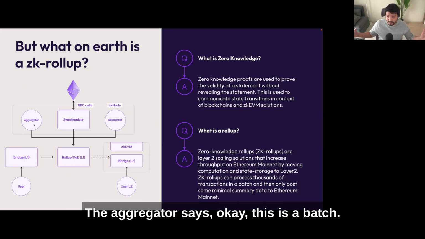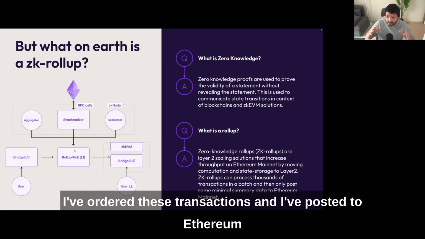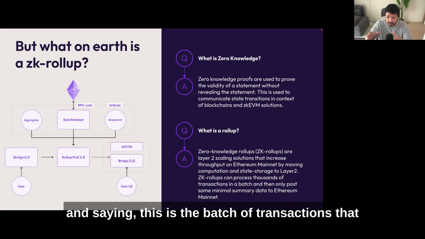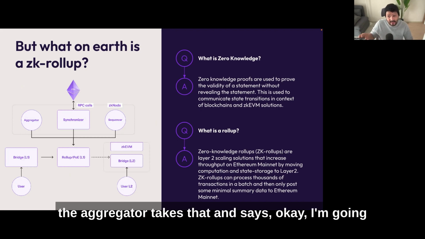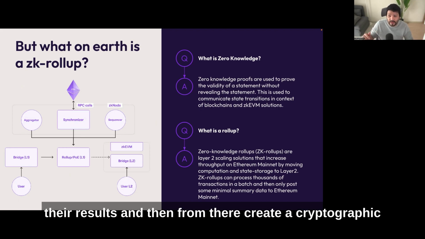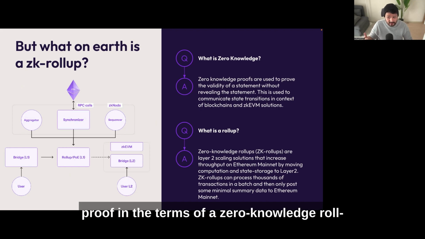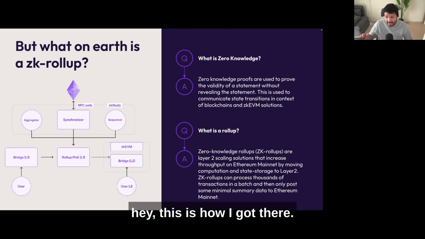The aggregator says, okay, this is a batch, but the sequencer also posts to Ethereum saying, hey, I've ordered these transactions and I've posted to Ethereum, and this is the batch of transactions that I want to execute. From there, the aggregator takes that and says, okay, I'm going to take all these transactions, execute them, and get their results. And then from there, create a cryptographic proof in the terms of a zero-knowledge rollup, and then post that to Ethereum to say, hey, this is how I got there.